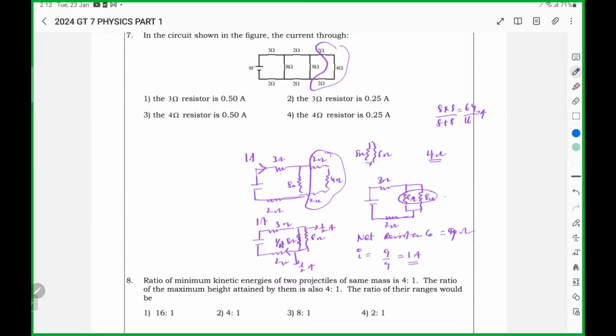One ampere current. Here it is 8 and 8 ohms, 0.5 ampere current flows. Again, here is 8 ohms.